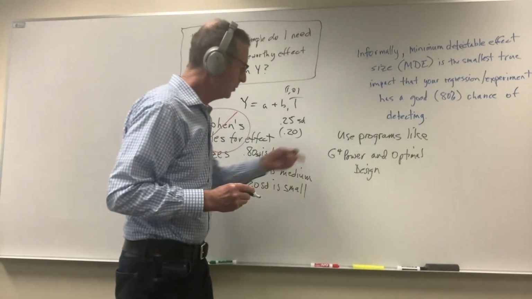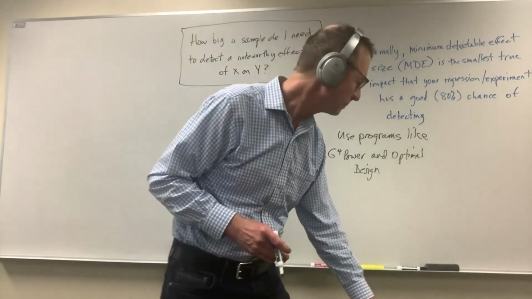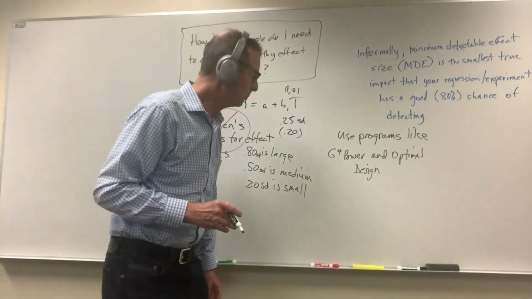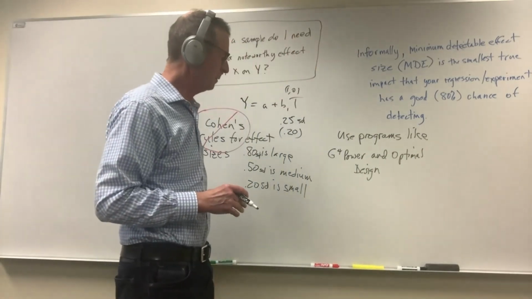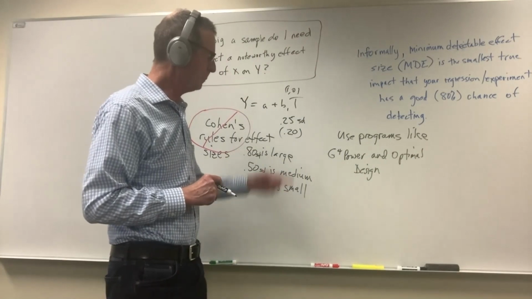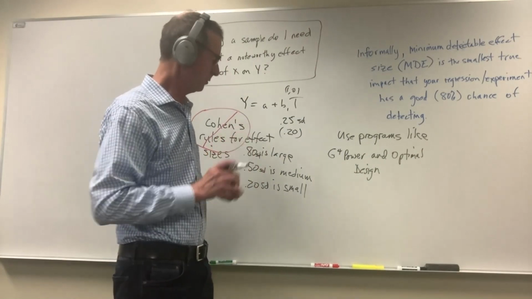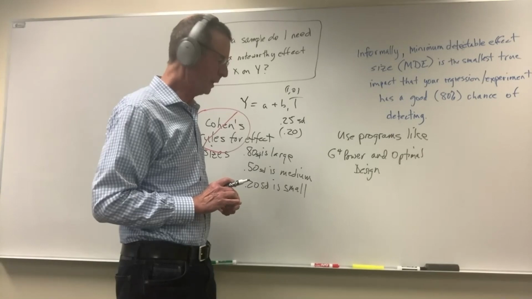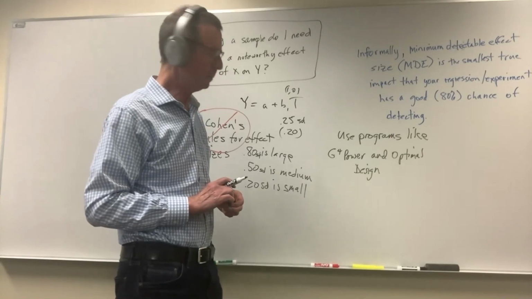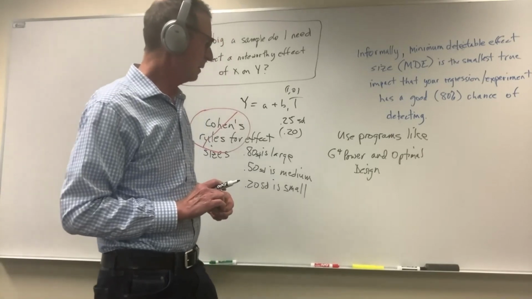Those are the two that you'll be using this week for the problem set. They're both free, and Optimal Design has a lot of features that handle clustering and other kinds of problems that often pop up in education research.